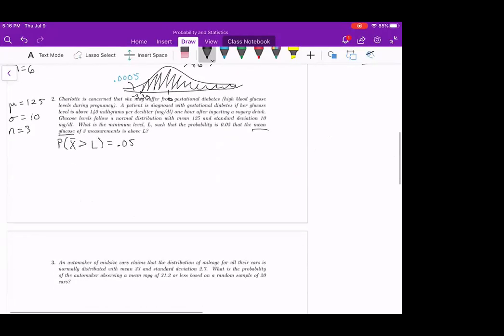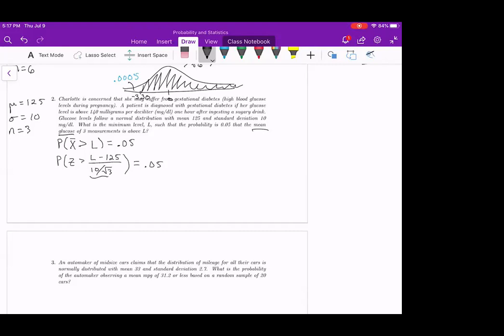The way I think of attacking this after you set it up is to temporarily pretend that we knew L. So if we knew it, we would convert it to a z-score. We would say the probability that z is greater than, we would take L, we would subtract the mean of 125, we would divide by 10 over the square root of 3, and now we know that that answer should give us 0.05, that the probability should be 0.05.